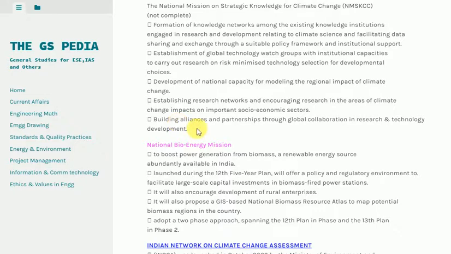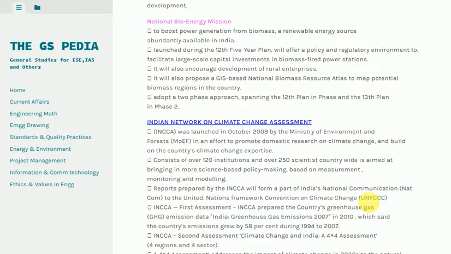It will also encourage development of rural enterprises. It will also propose a GIS-based national biomass resource atlas to map potential biomass regions in the country. Adopt a two-phase approach, spanning the 12th Plan in Phase 1 and the 13th Plan in Phase 2.